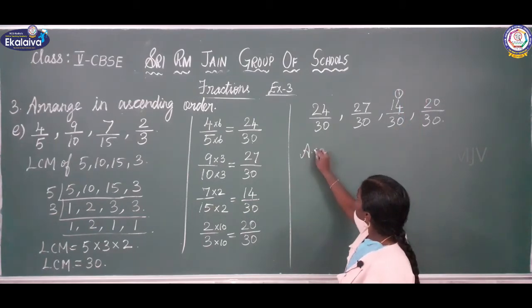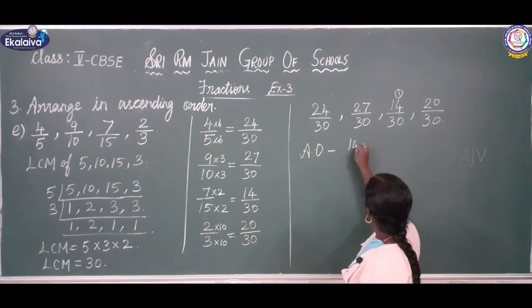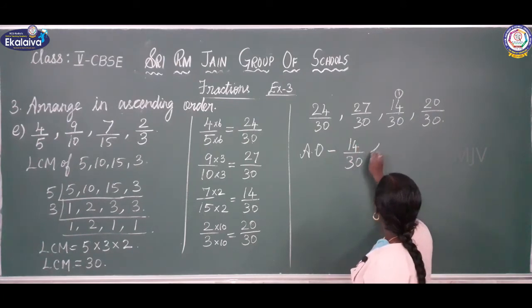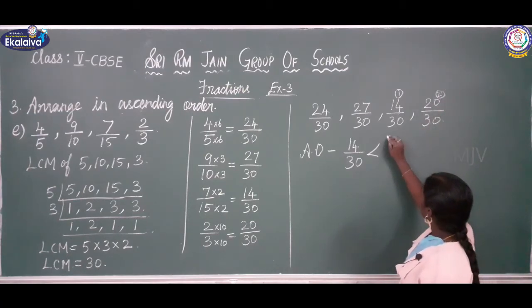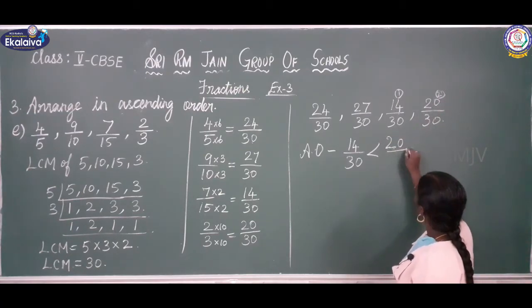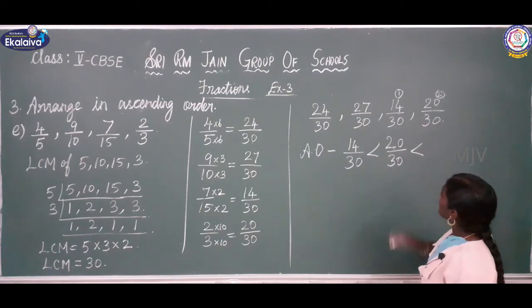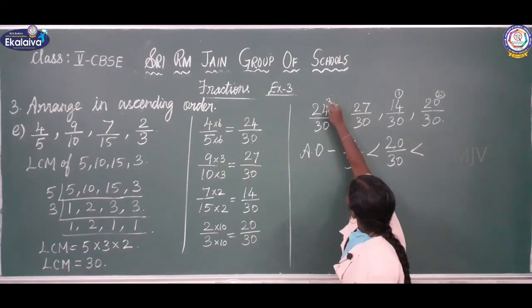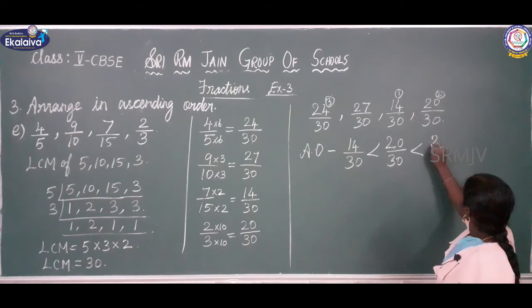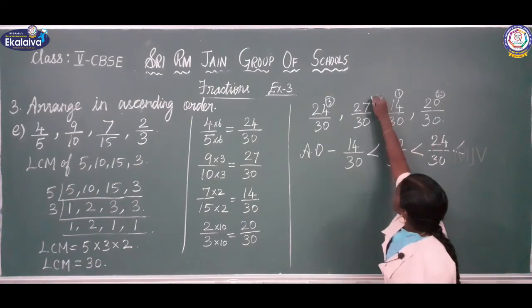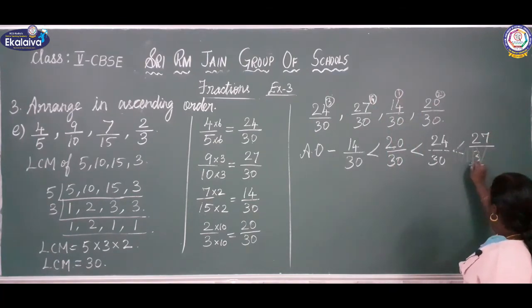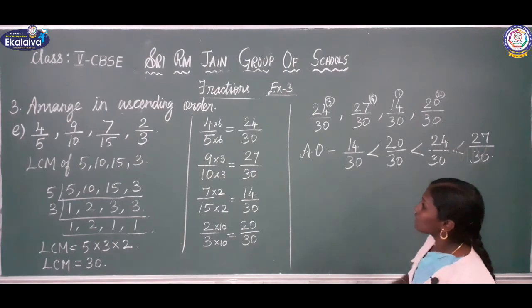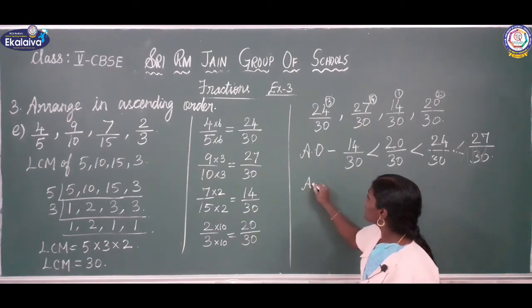So ascending order, the first one is 14 by 30. Then the next one is 20 by 30. Then the next one is 24 by 30. Then 27 by 30 is the greatest fraction. Now we have to arrange the given fractions in ascending order.